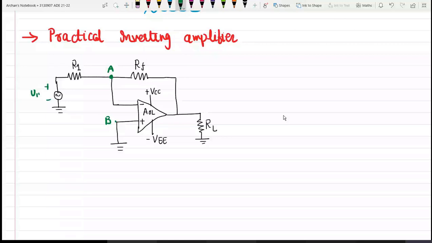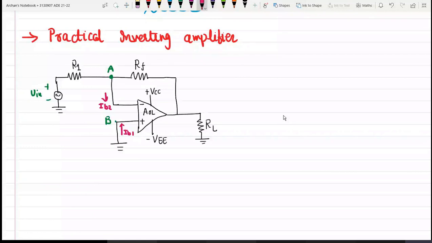So what will happen whenever we have the practicality? At that time, bias current will always be there. So here we need to consider the current IB1 and current IB2, which is flowing towards the op amp input terminals.